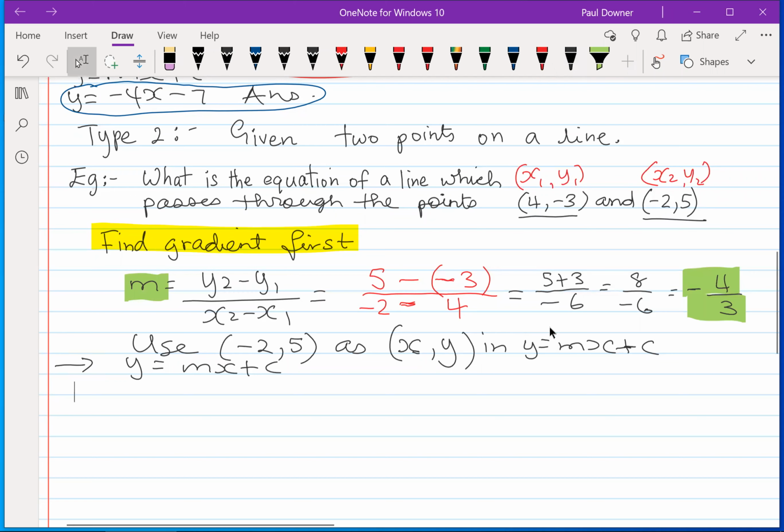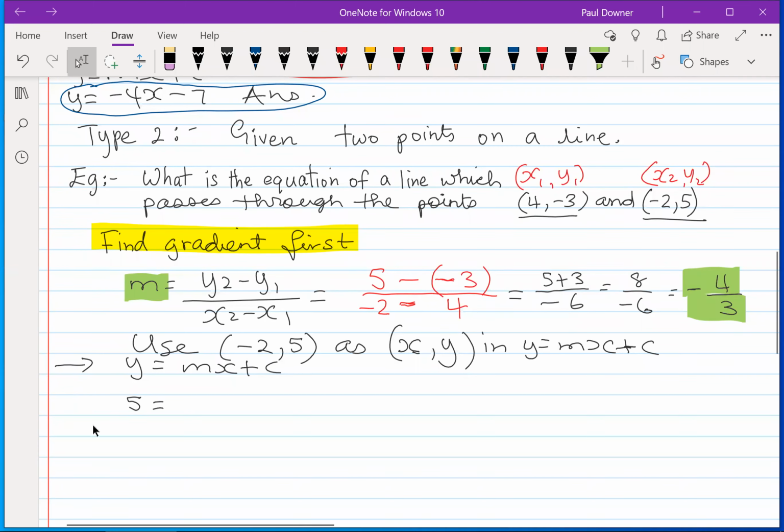I am choosing out of these two, I'm going to use -2, 5, right? As this one as x and this one as y. So if you notice, I wrote it here. Use -2, 5 as x, y in y equal to mx plus c. So let's write it down. y equal to mx plus c. We said we are going to use this one as x, this one as y. 5 is therefore going to be y. So 5 is going to come here. So I'm going to write down the 5.